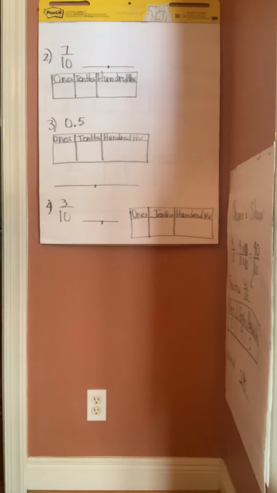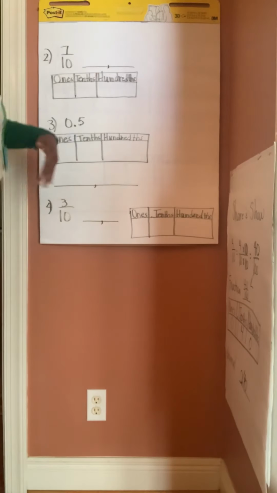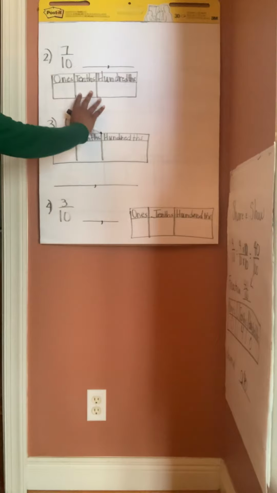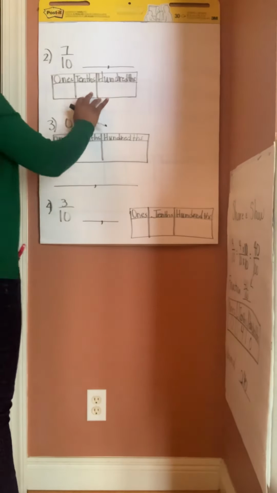Let's look together at page 353. We're going to look at number 2. The directions say, write the number as hundredths in fraction form and decimal form. Hundredths. So remember, if you're going from tenths to hundredths, you're going to multiply by 10 over 10, or you can write it in the place value chart and it'll help you see it better.